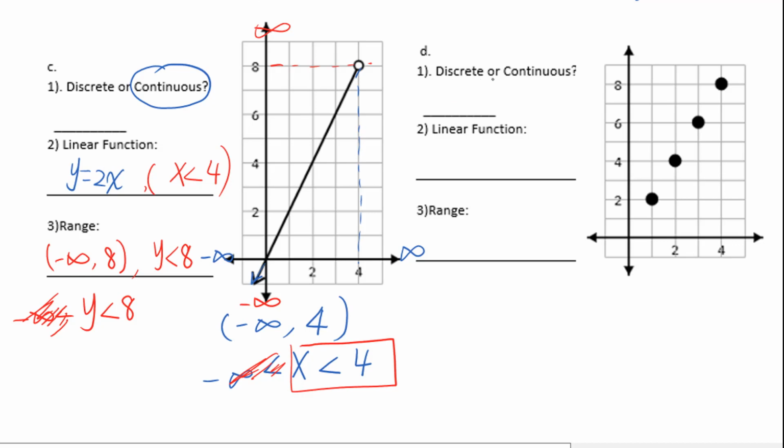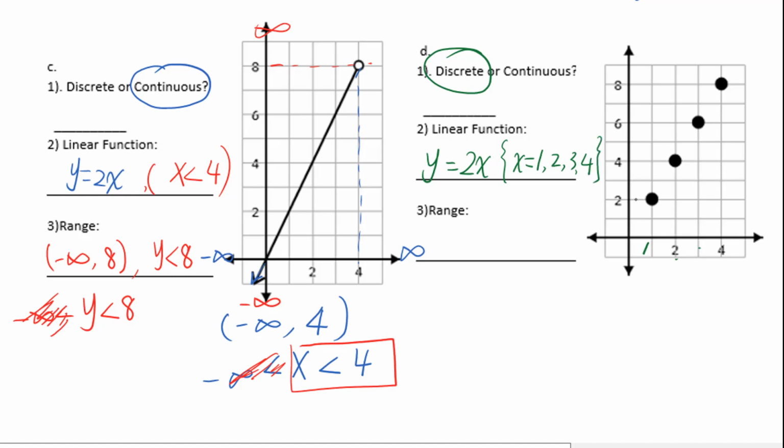Let's go to D. This is certain dots, so it's discrete data. Linear function still y equals 2x. But this time, x equals 1, 2, 3, 4.